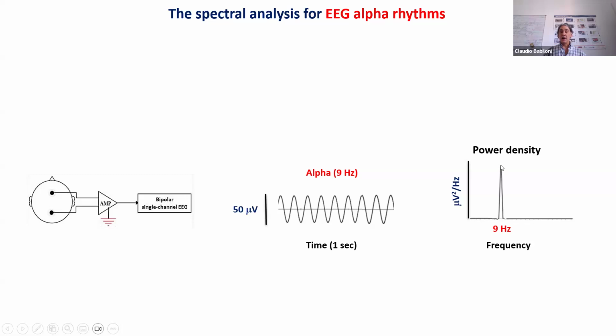And you see a peak, and the magnitude of the peak informs you about the power of alpha rhythms in that electrode channel for the period of interest. This is the basic spectral analysis of EEG activity.